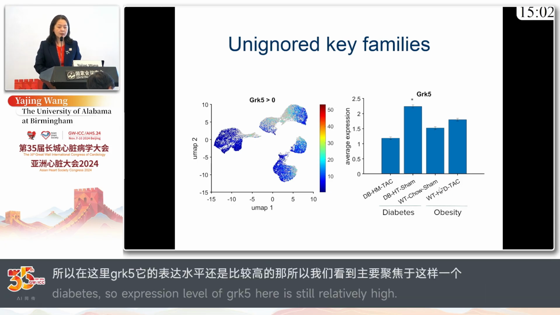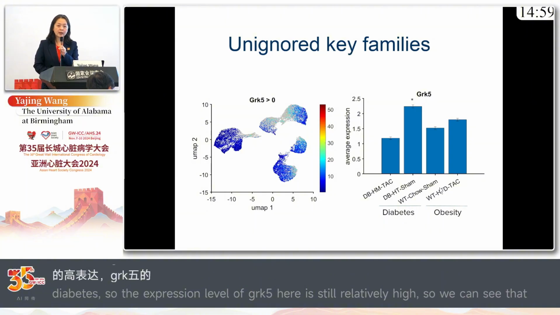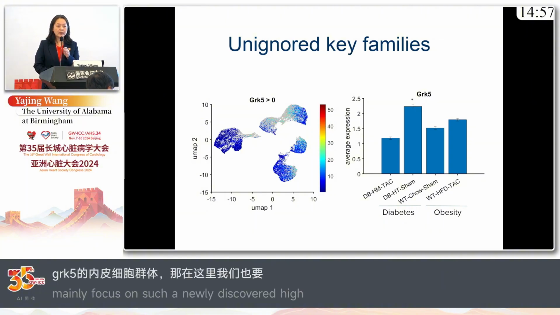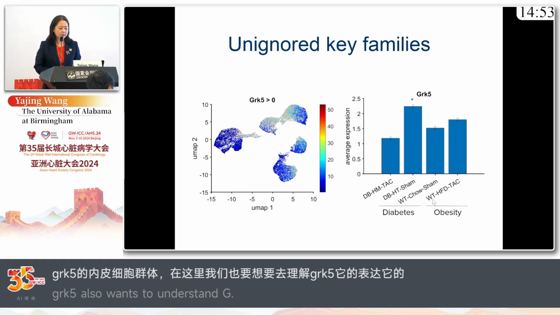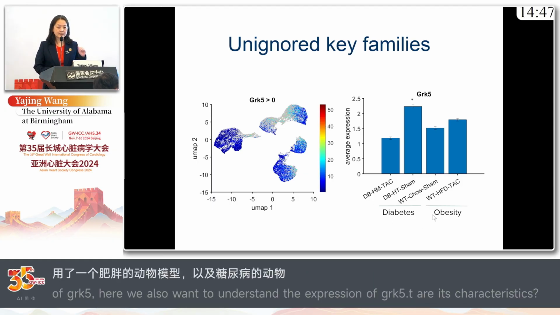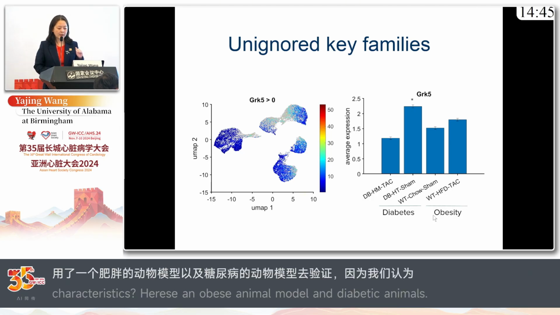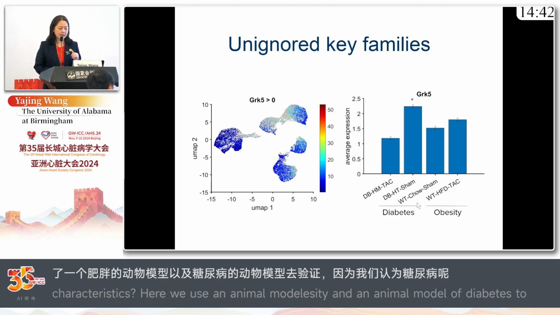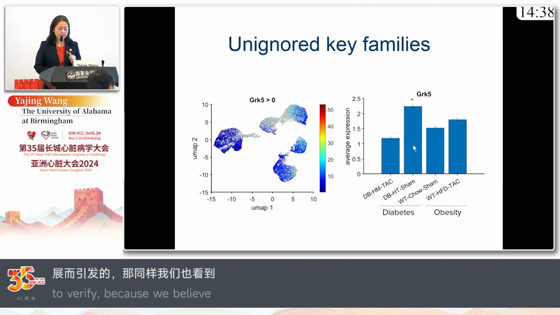We also tried to understand the characteristics of GRK5 expression. Using obesity and diabetes animal models, because we think diabetes develops from obesity, we see GRK5 expression almost doubled in the diabetes models.